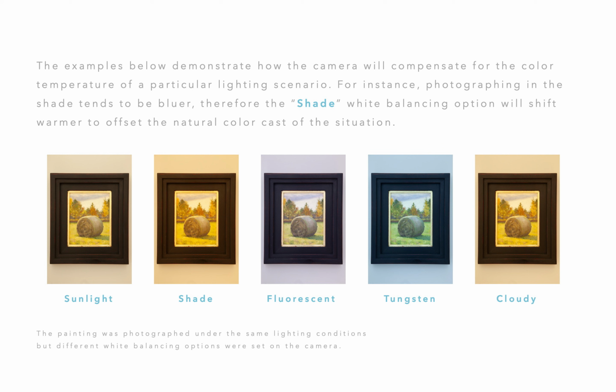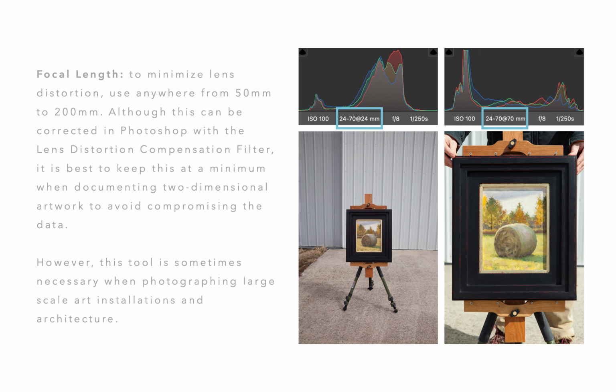Since fluorescent lights tend to be a little green, it's trying to compensate by making it a little bit bluer and a little bit more violet, and so on and so forth. Focal length.